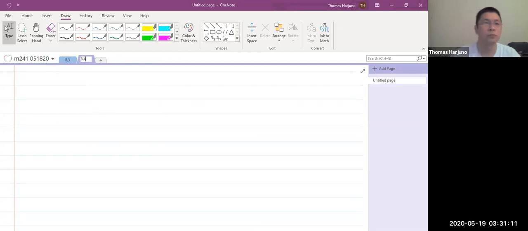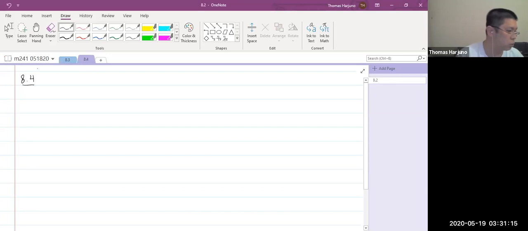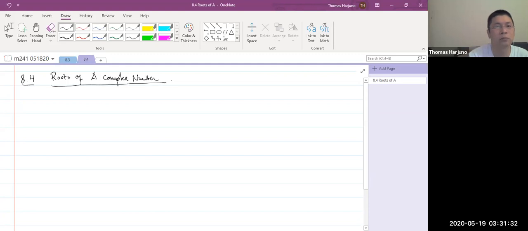8.4, that is the root of a complex number. Here's the idea.